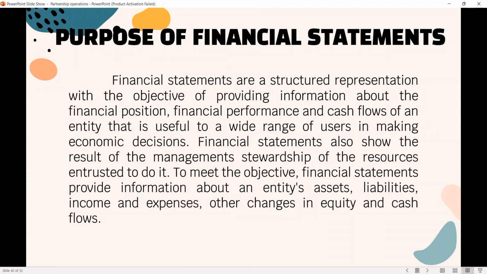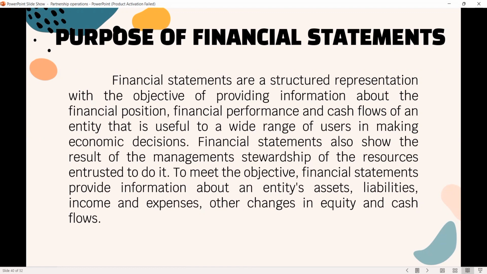To meet the objective, financial statements provide information about an entity's assets, liabilities, income and expenses, other changes in equity and cash flows. So when we say financial statement, it's a structured representation. Yun yung naka-arrange siya. It means na it is according to plan. Tapos nakaayos siya.